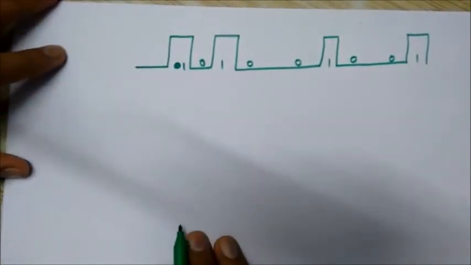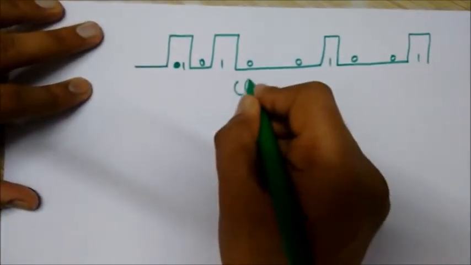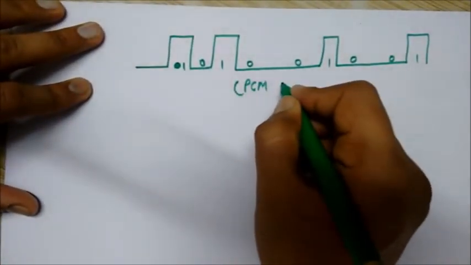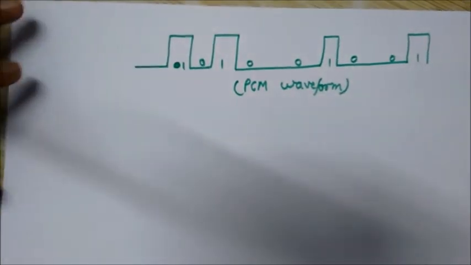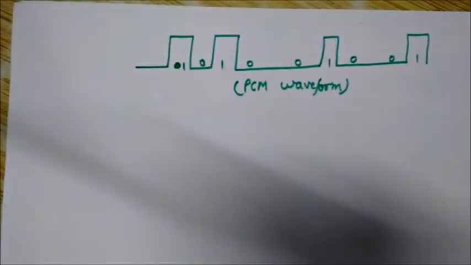So this is the PCM, pulse code modulated waveform. Now you know various kinds of modulation techniques, including amplitude modulation, frequency modulation, phase modulation, PAM, PWM, PPM, and also PCM.